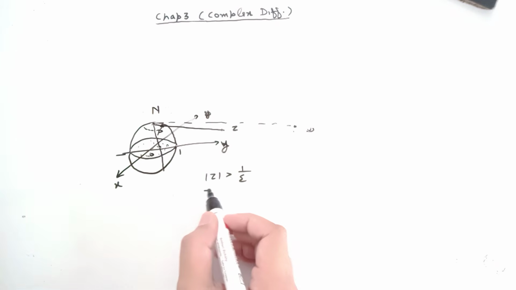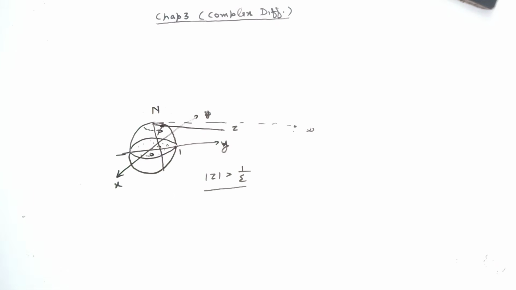So this makes neighborhood of infinity as epsilon goes to 0. Okay, so the complex plane carrying the point infinity is called extended complex plane.